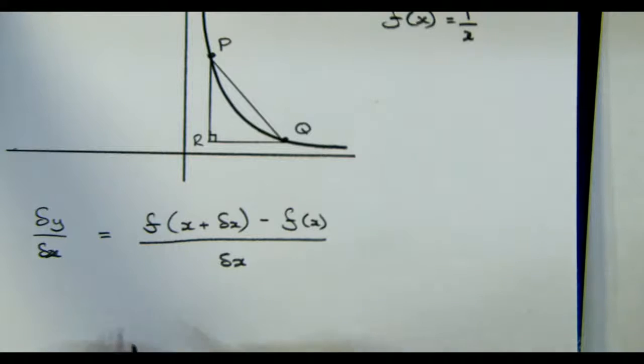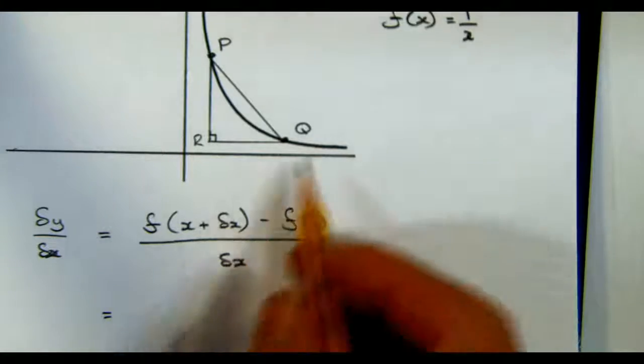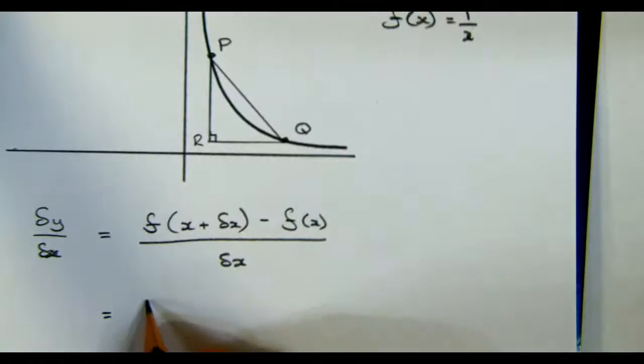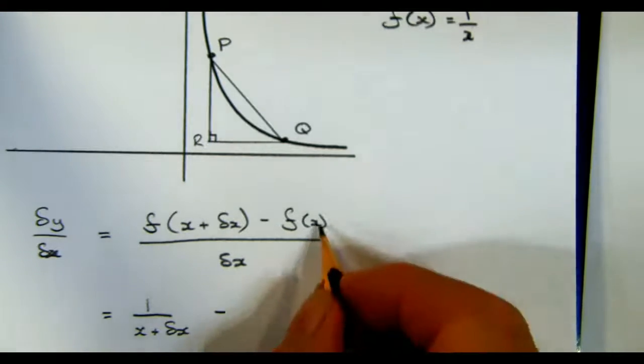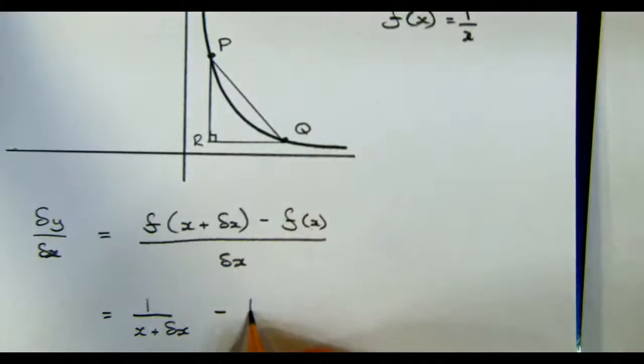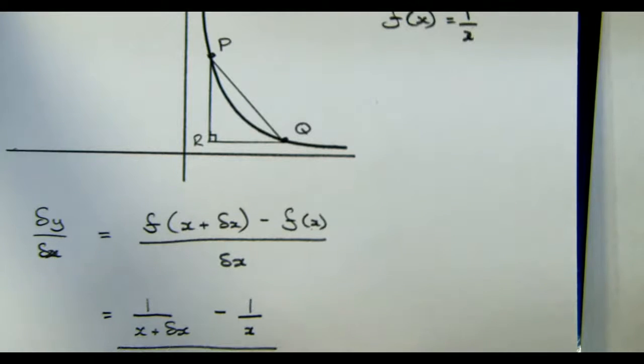Let's see what we've got. Well, I've got my function, which is 1 over x, so this is going to be 1 over x plus delta x minus my function of x, which is 1 over x, all divided by delta x.